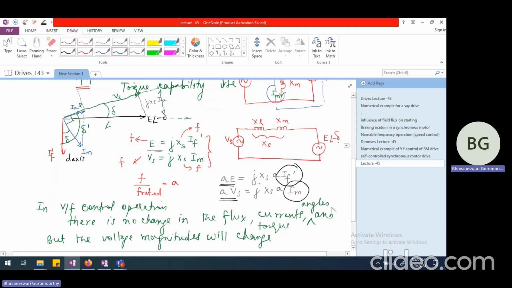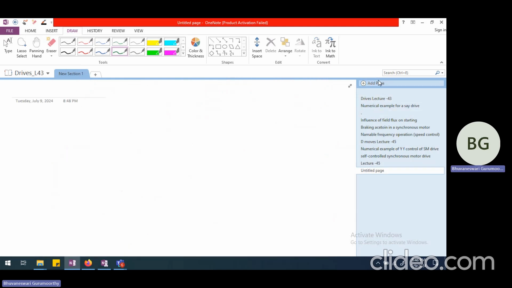Okay. So let us have this concept in mind and try to look at one numerical example in the variable frequency control of synchronous motor drive. So let me first of all give the problem statement clearly. It is the same motor we had considered in an earlier problem.